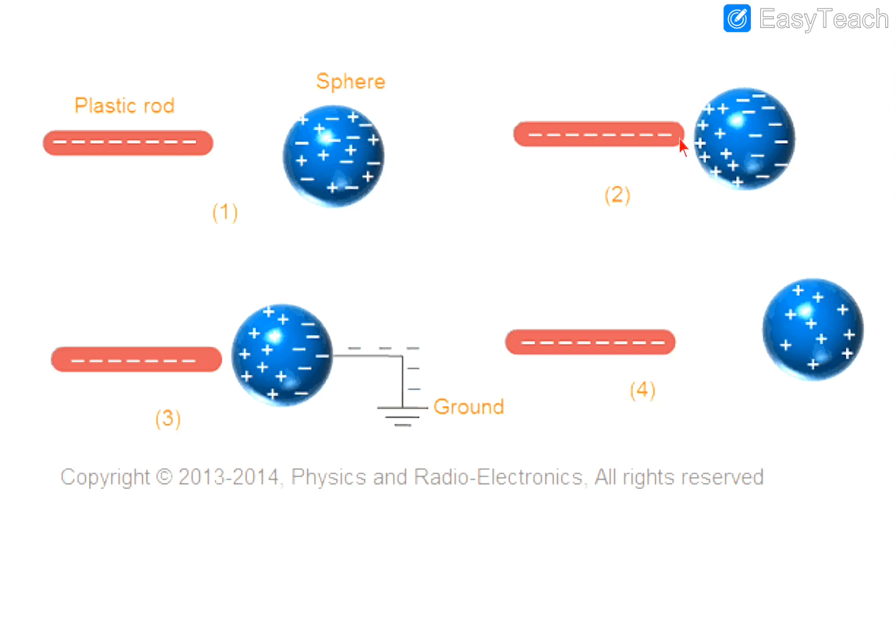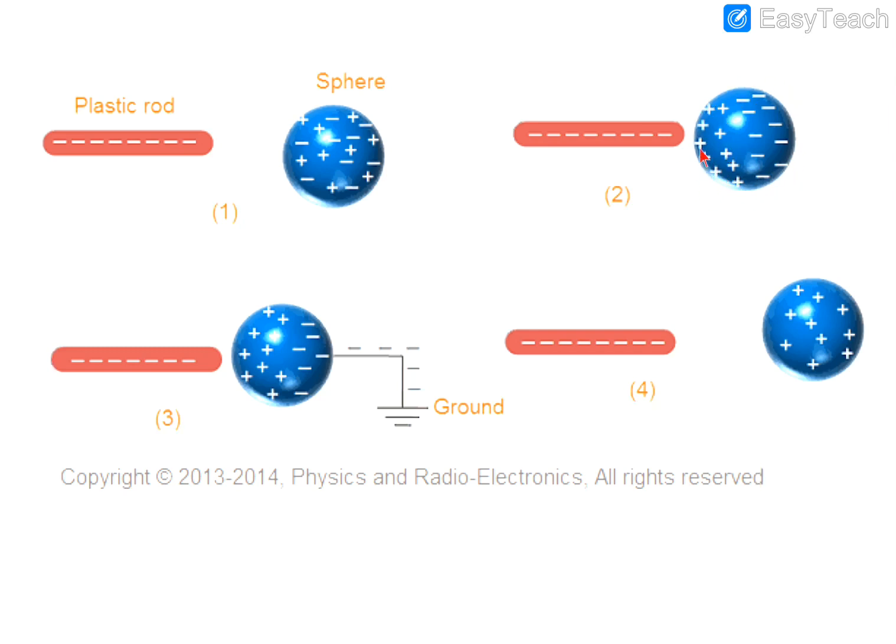When it is very near, you can see that initially in the first diagram, positive and negative charges are distributed randomly. There is no fixed location. But when you bring this plastic rod which is negatively charged near to the sphere, you can see that now those charges are changing their orientation.